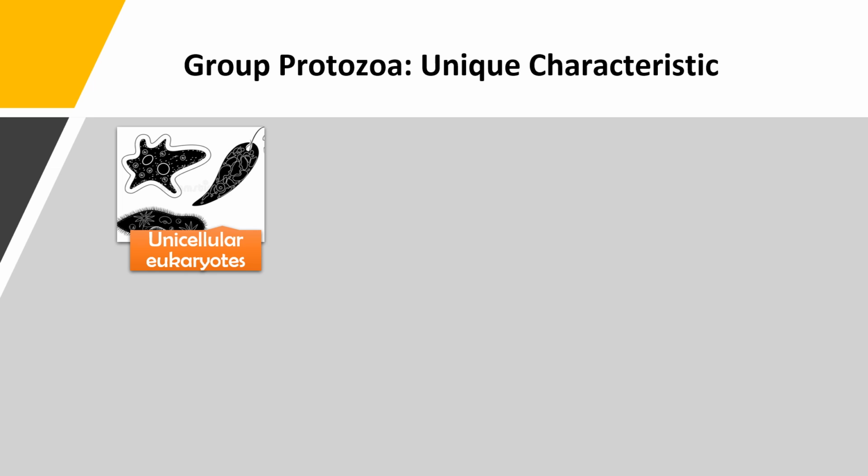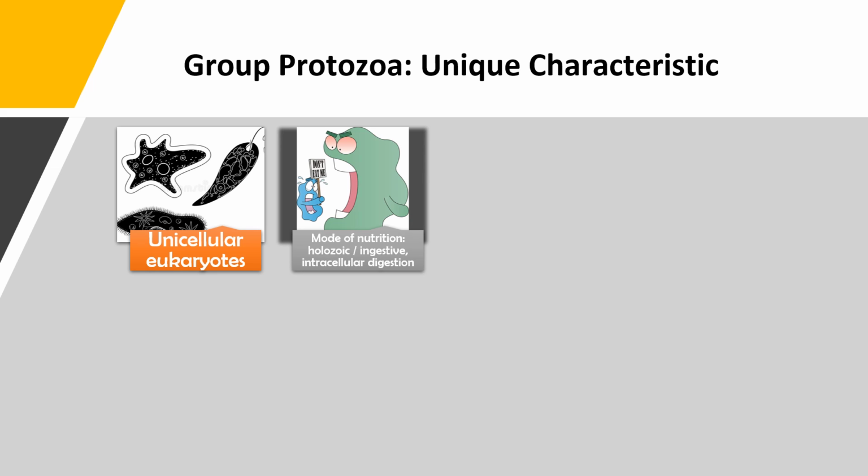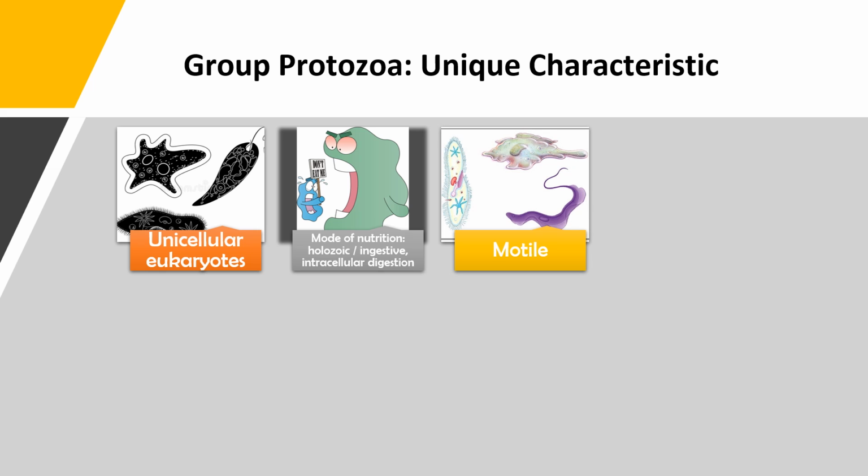Protozoa are unicellular eukaryotes. And the mode of nutrition is holozoic or ingestive. It means that, as you can see from the picture here, it obtains nutrients by eating or feeding on other organisms, and then the digestion will occur inside the cell or inside the body. And most protozoa, even though not all, are motile.